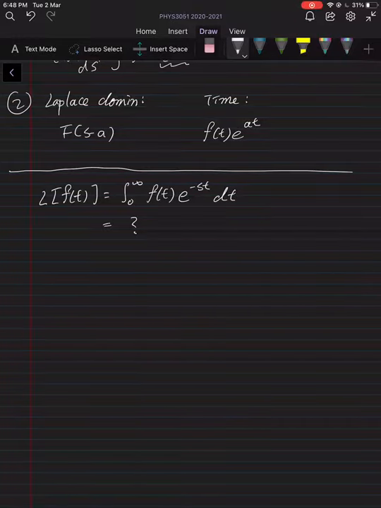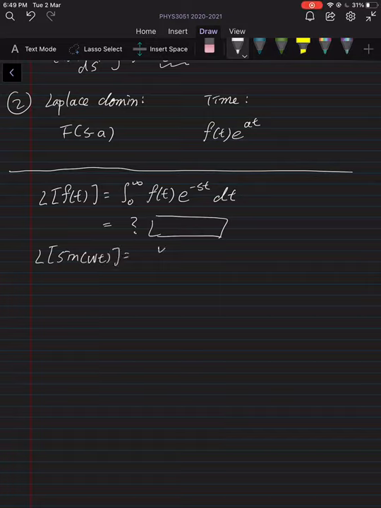So you have obtained an expression of some function of s, but what actually does that expression mean? For example, you have the Laplace transform of sine omega t, and you have omega over s squared plus omega squared. Then what does it really mean?